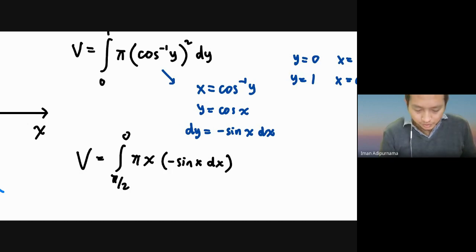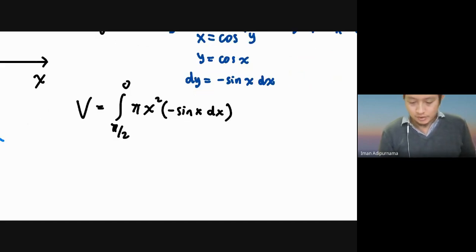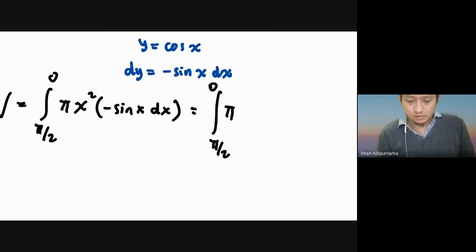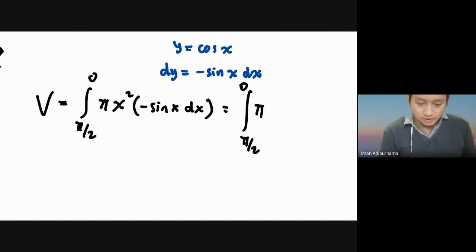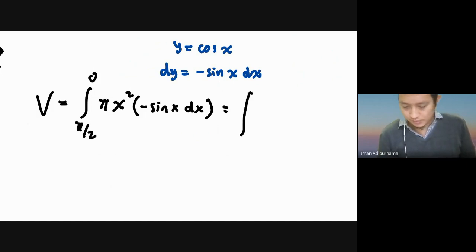Oh, sorry, square. Forget the square. And let me write it more clearly. Oh, I think because it's negative, we can switch the endpoints. We can switch the endpoints, and it becomes, okay.